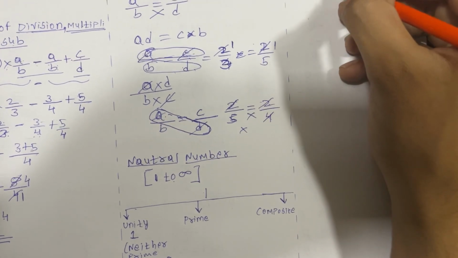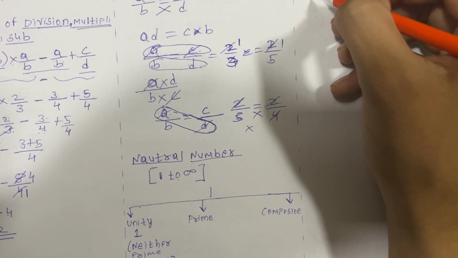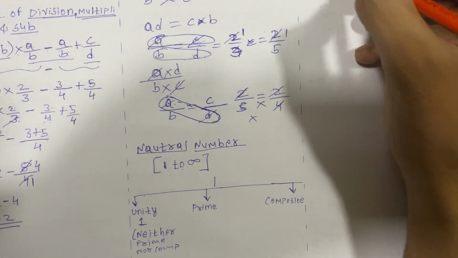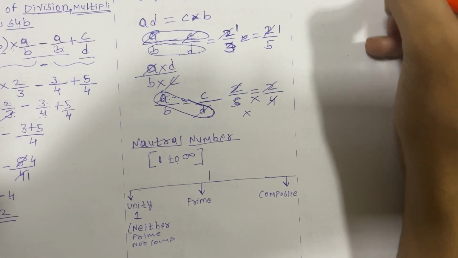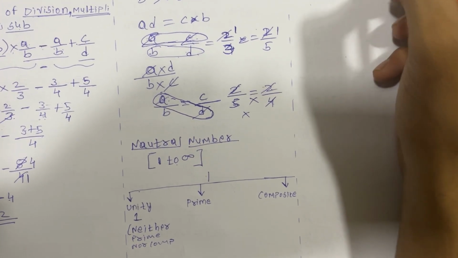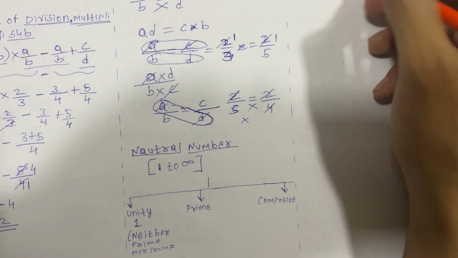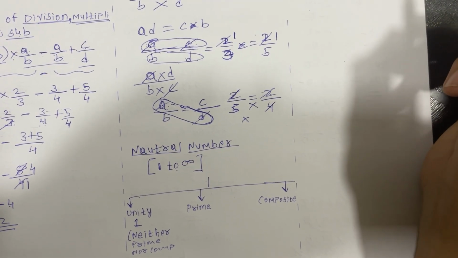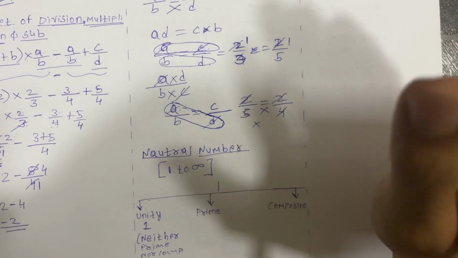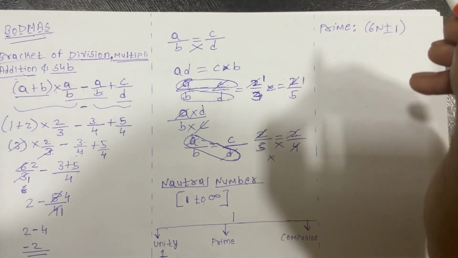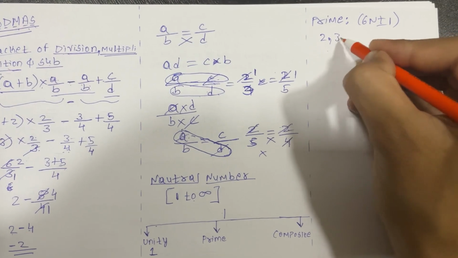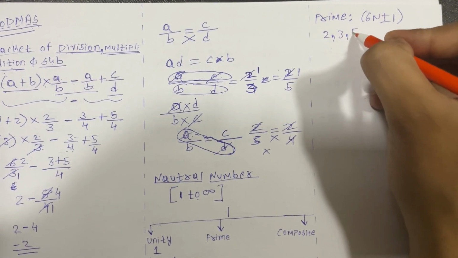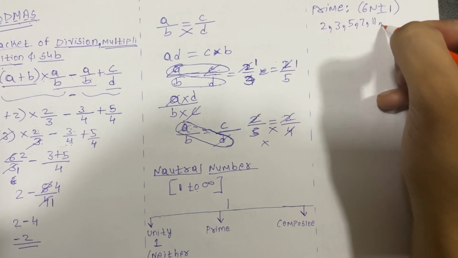So prime numbers can be denoted in the form 6n plus minus 1, where n is a natural number. So what are prime numbers? 2, 3, 5, 7, 11 and 13.